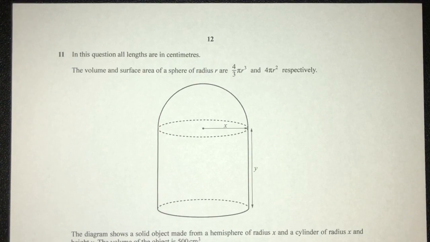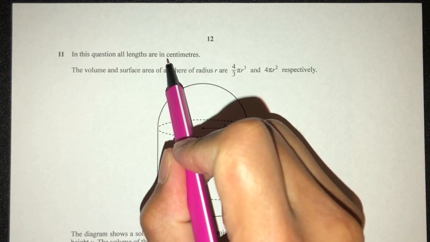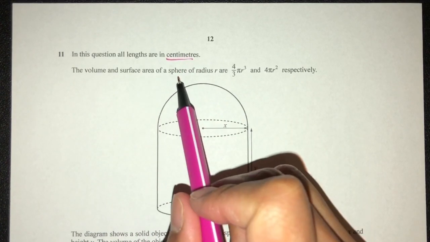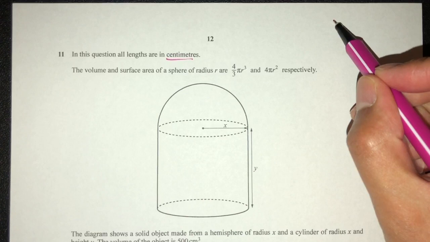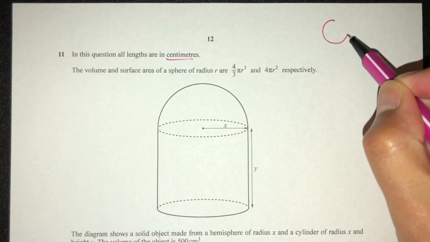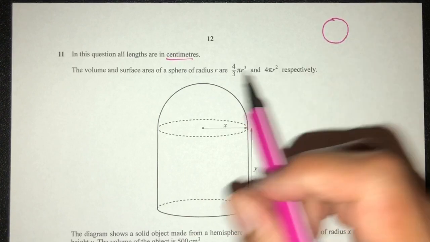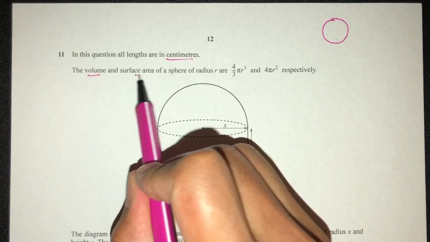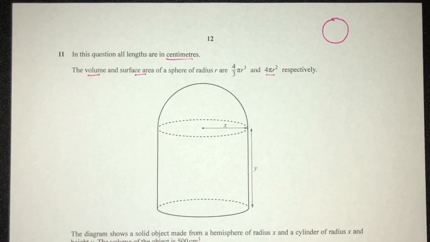So in this question, all the lengths are in centimeters. Now, the volume and the surface area of a sphere. A sphere is kind of a ball, the whole thing, right? It is given to you by this formula. This is the volume, and the surface area is given to you by this, respectively.